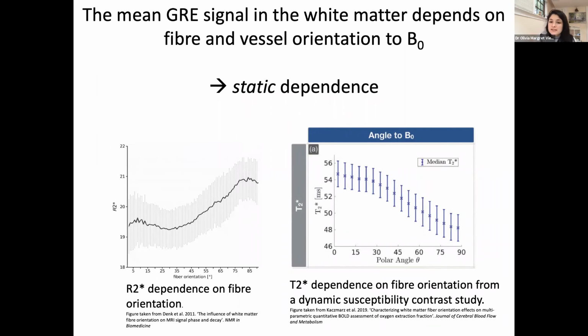We saw previously that the static gradient echo signal in a voxel depends on fiber orientation to the B0 field. We know this from the literature. This has been nicely shown in R2* and T2* value dependencies with cosine squared and sine squared. And the same will hold for a static vessel that runs parallel to a fiber and doesn't undergo any changes in volume, flow, or oxygenation.